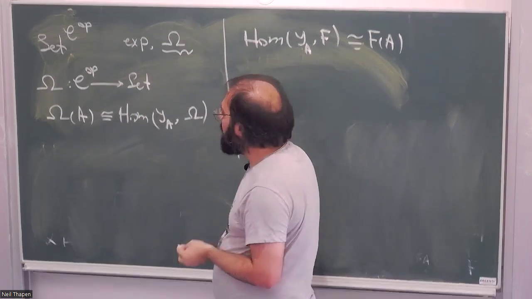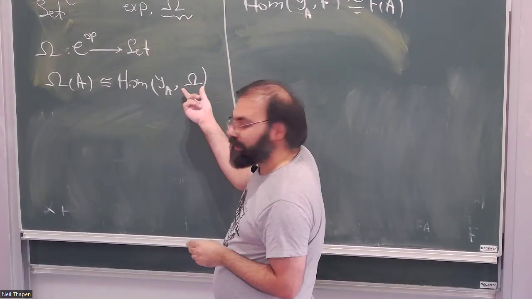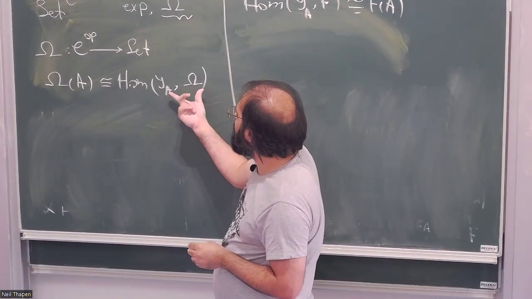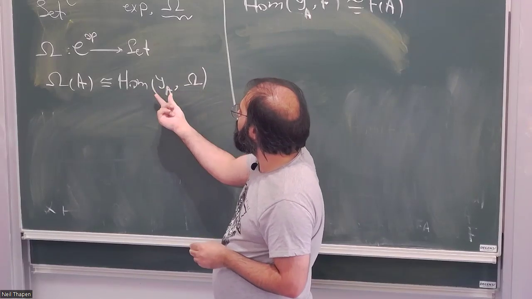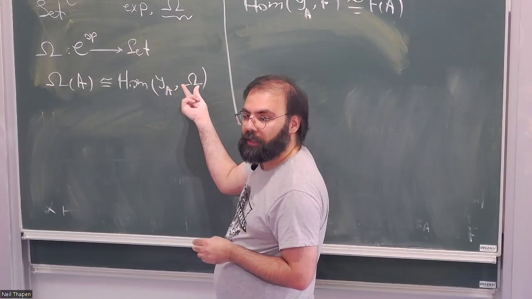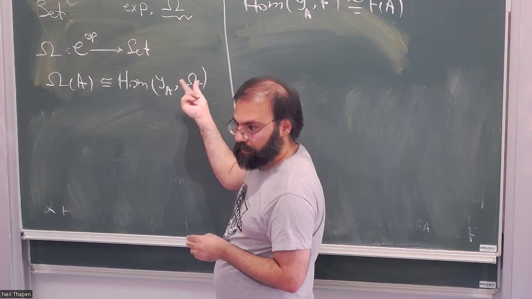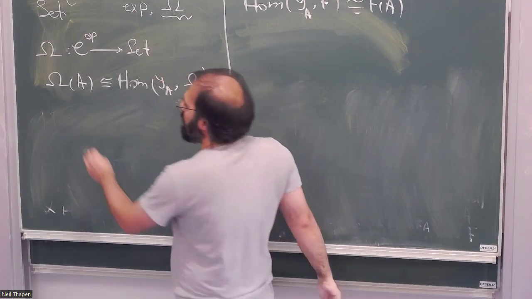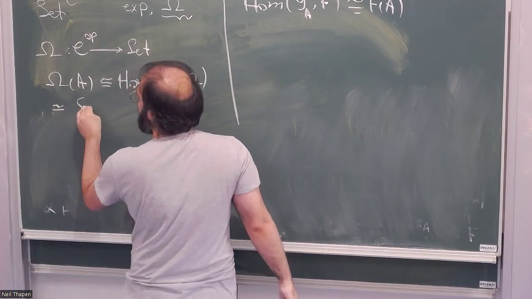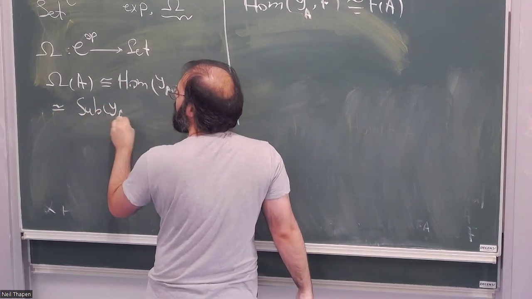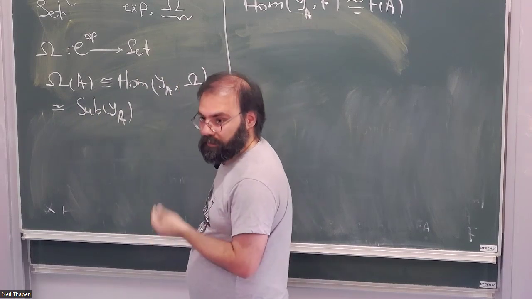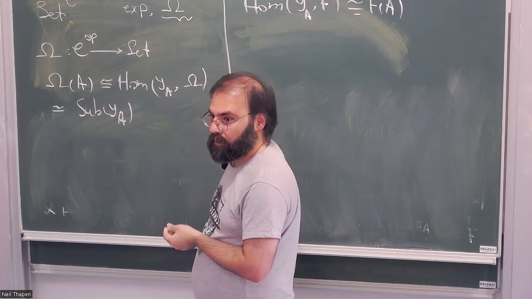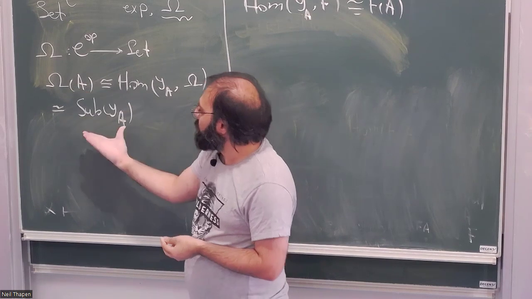But then the sub-object classifier thing comes up. What are the morphisms from something to omega? They are in one-to-one correspondence to sub-objects of that object. Therefore, this should be Sub of Yoneda of A, whatever it is. So this is just a suggestion of the definition.